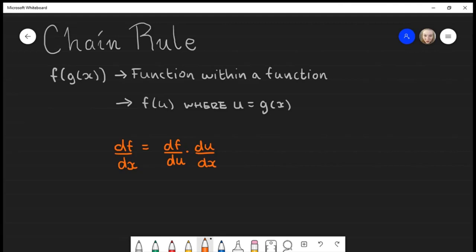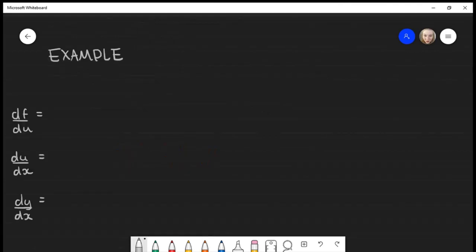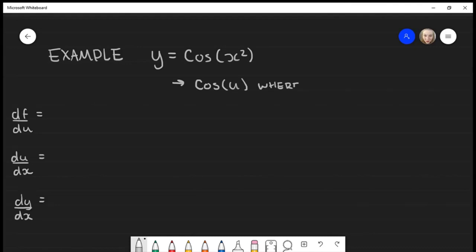Just so you can see how this works, I'm going to do a few examples. In this example, y is equal to cos x squared. I'm going to rewrite this as cos u, where u is x squared.